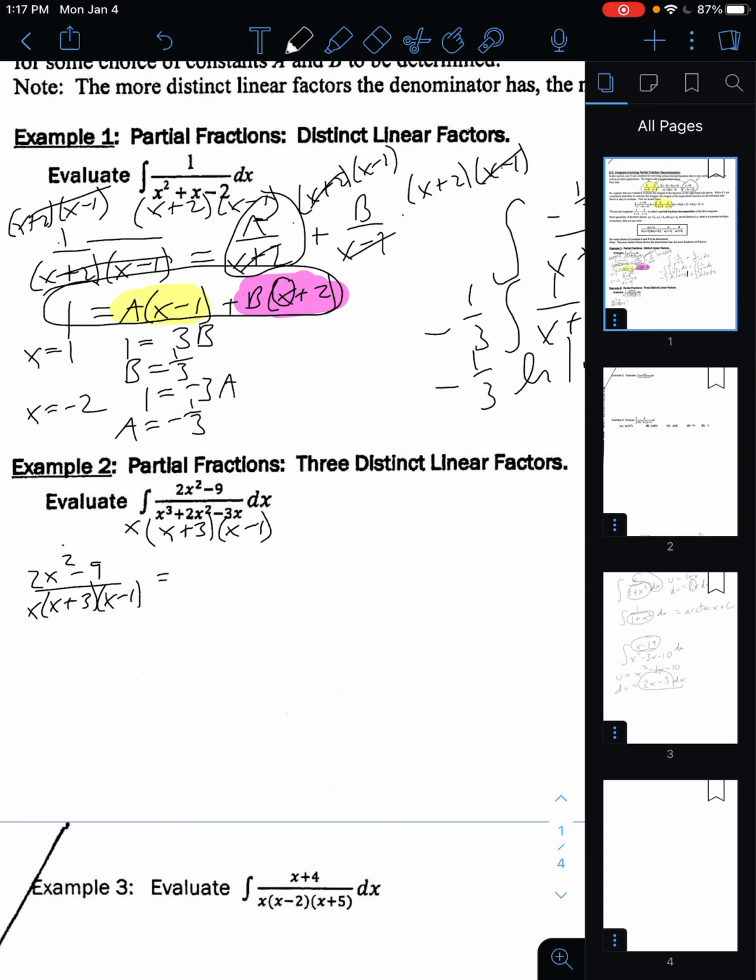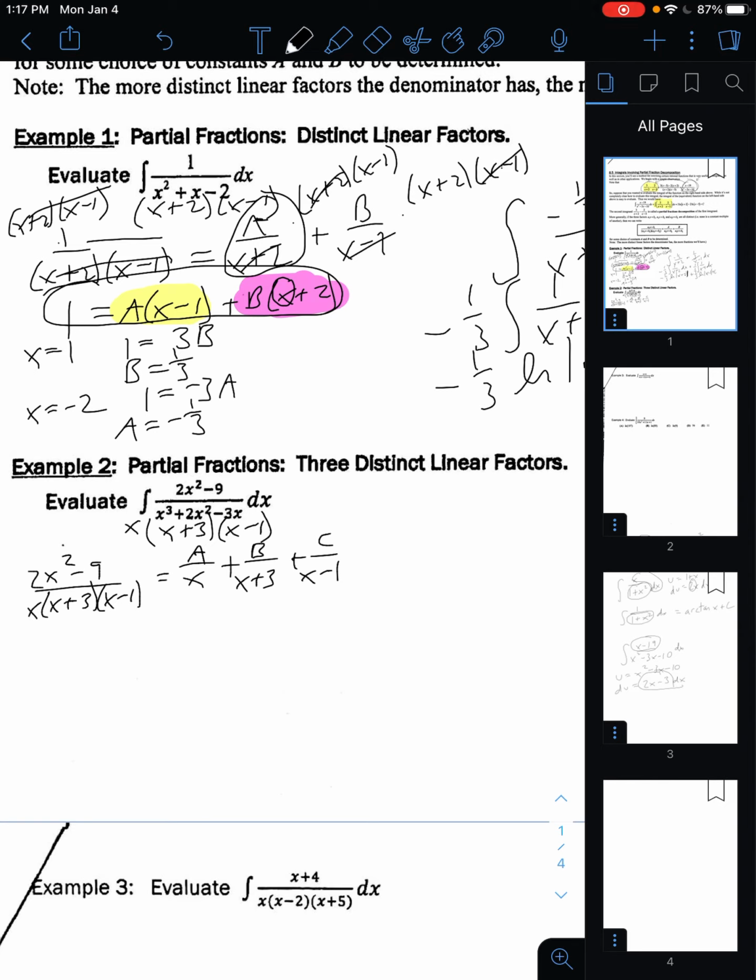And so I'm going to just put each factor in the denominator over here. So it'd be a over x is the first one, plus b over x plus 3, plus c over x minus 1. And again, the goal is just figuring out what a, b, and c are.